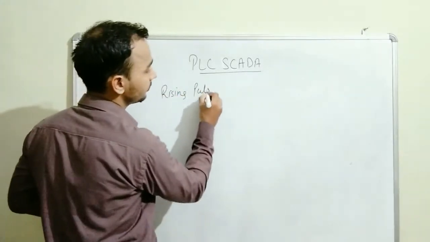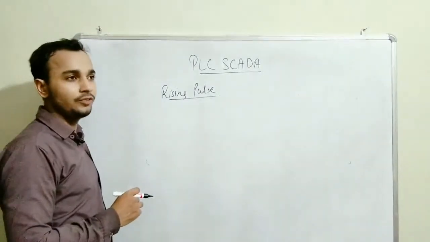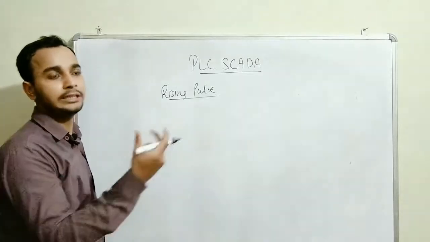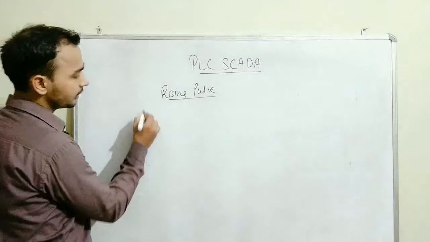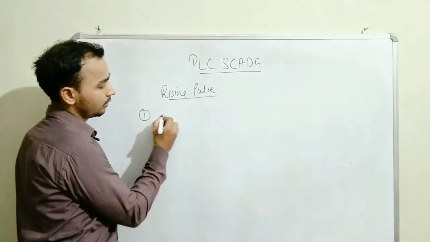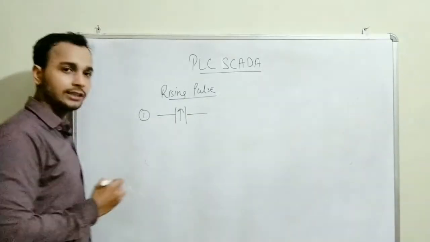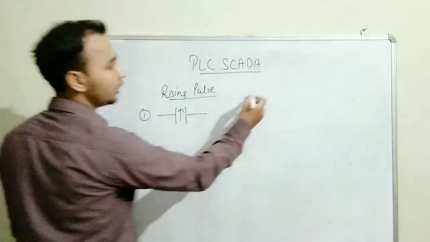Rising pulse is an instruction which gives a quick pulse to the output, for example to the increasing block. The symbol shown is the symbol for rising pulse, and different PLCs have different symbols. And this is the symbol for falling pulse.